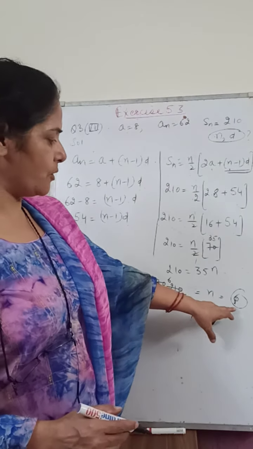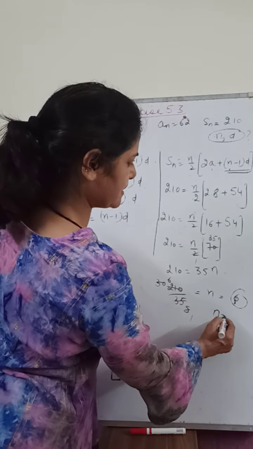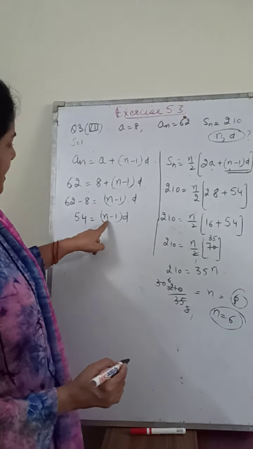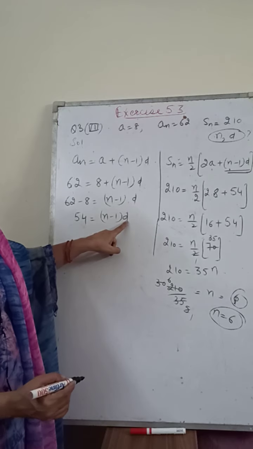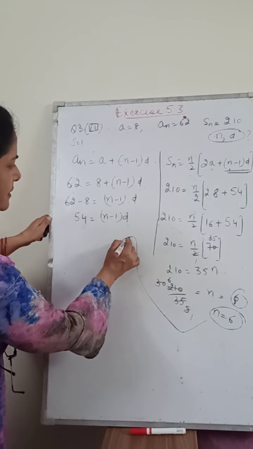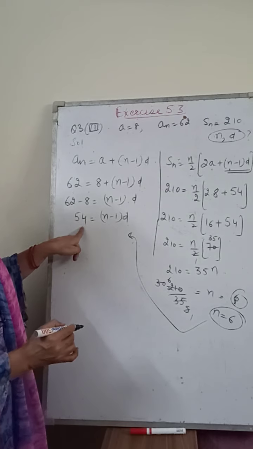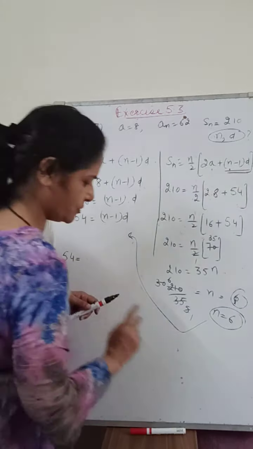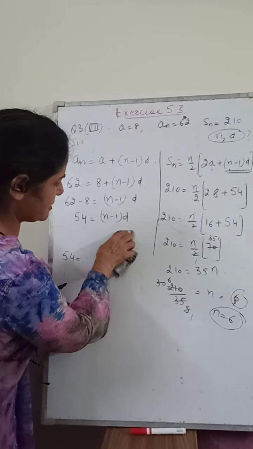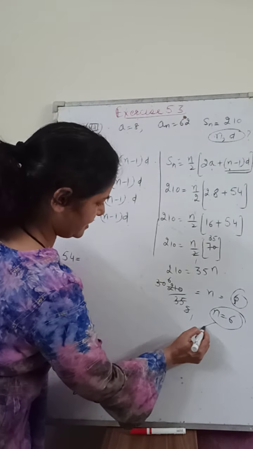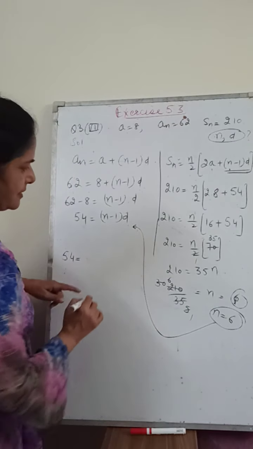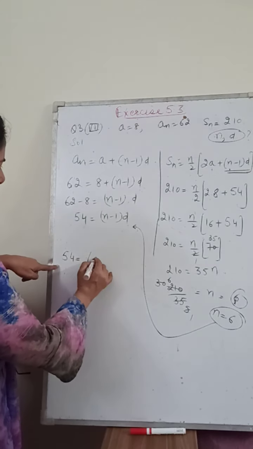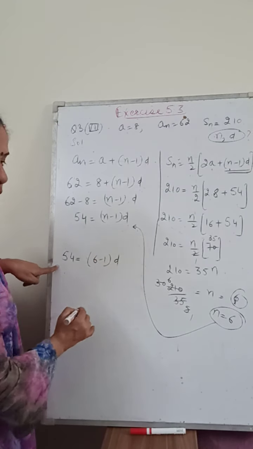Clear? Now you have got 6. You want d now. If you put the value of n here, can you find d? 54 is equal to, I am putting this arrow mark nicely, I am putting this n here, 54 is equal to 6 minus 1 into d.